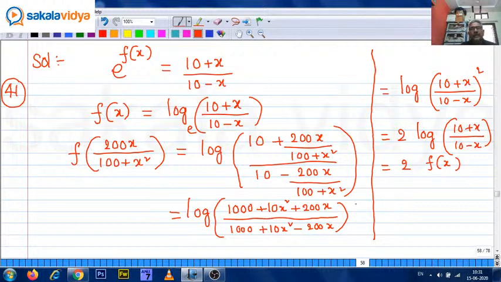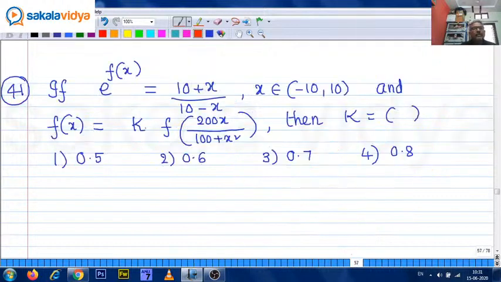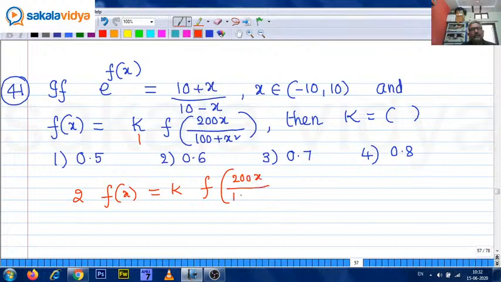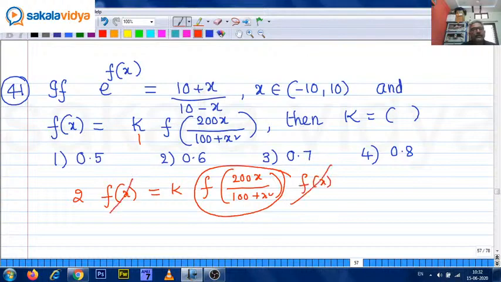So now if you come to the question, what happens now? Here we have this 2f of x is equal to k times f of 200x upon x square. This will be again equal to f of x. This f of x gets cancelled.